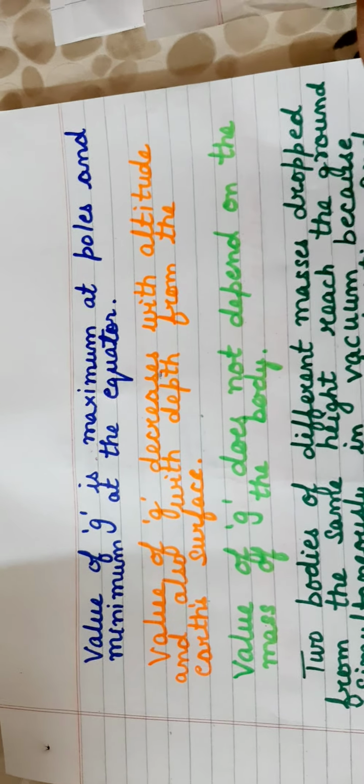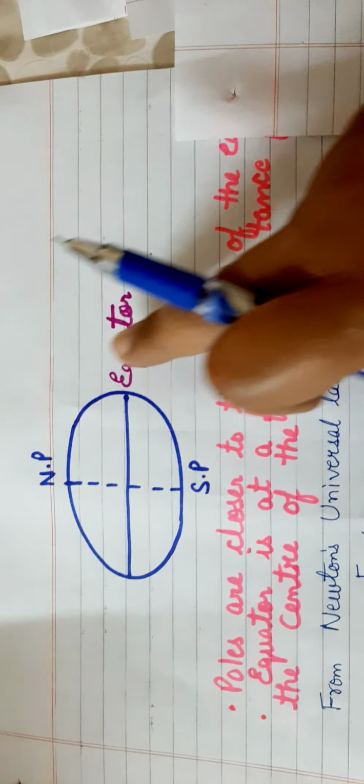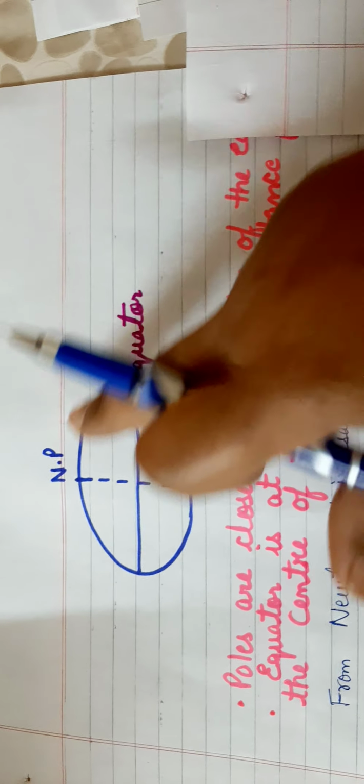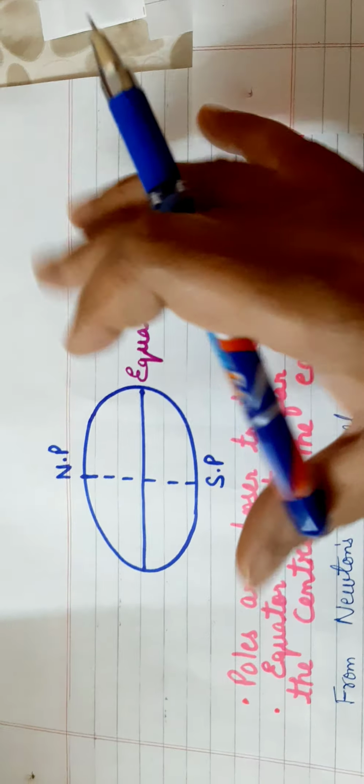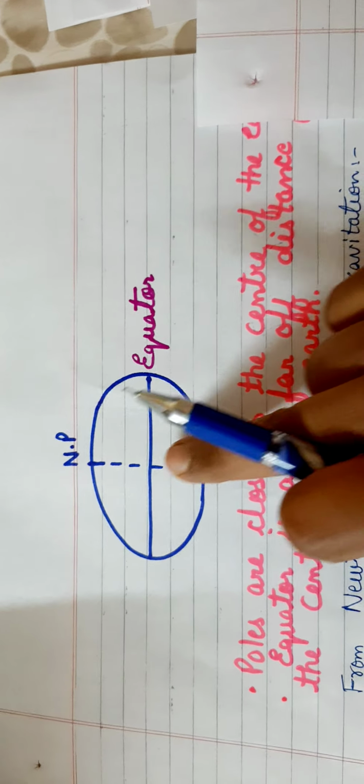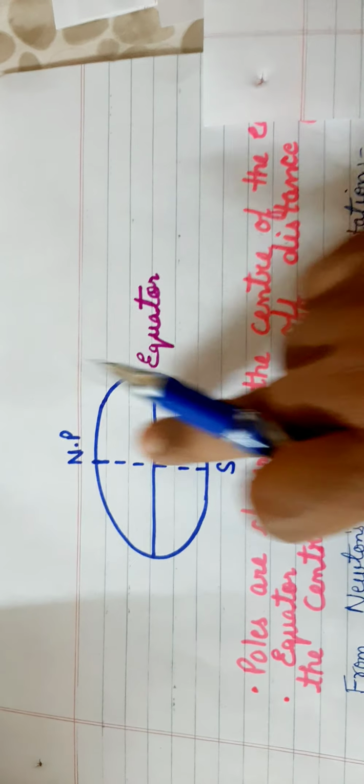I have drawn the diagram of the earth. The earth is not a perfect sphere. It is egg-shaped. Okay, it is flattened towards the equator. The distance of the ends of the equator from the center is more than the distance of the poles. Poles are closer to the center of the earth, the North Pole and the South Pole.